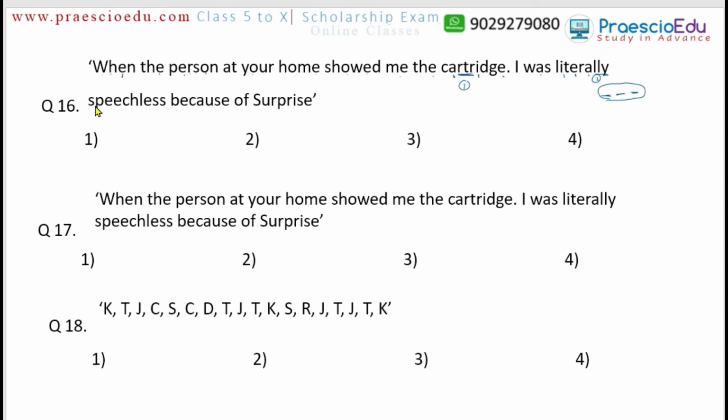Then speechless, in the speechless, C, H, L, here two vowels and then one vowel here also, so this is one group, the third. Then because, vowels here and vowels here also. Then surprise, vowels, and between these two vowels there is one group of consonants, so this is the fourth one. So total how many? Four. So four is option number 3, 4. So this is the correct option.